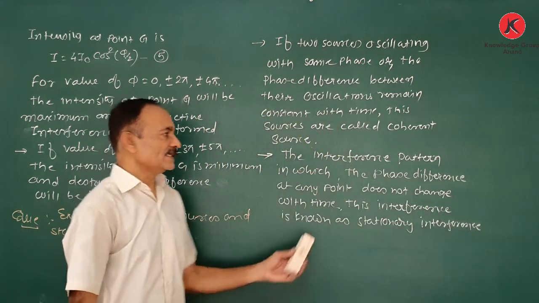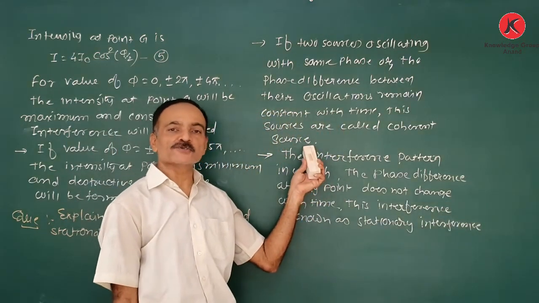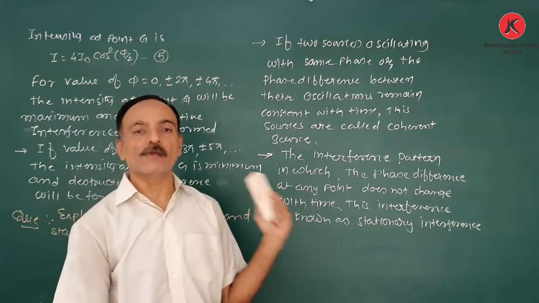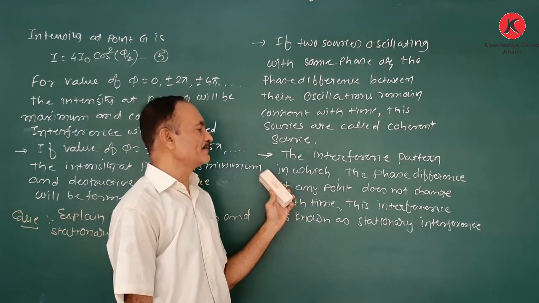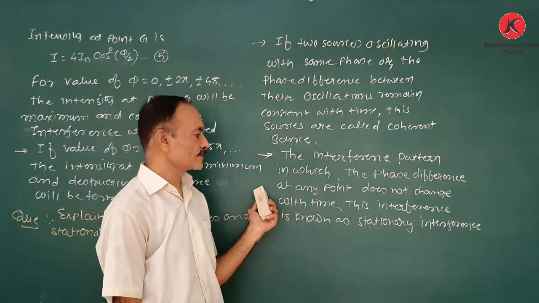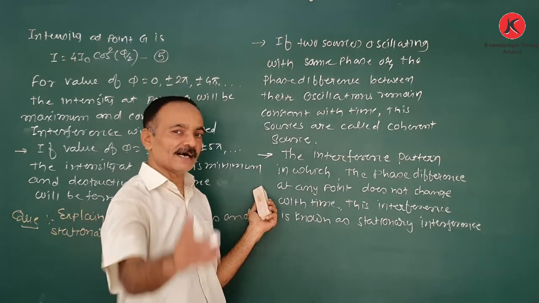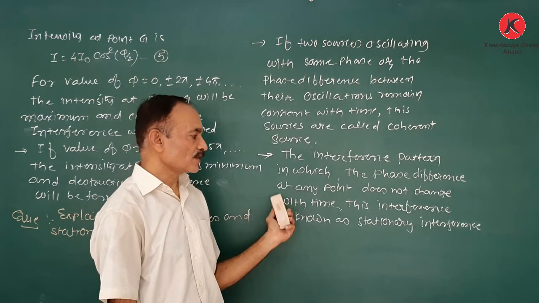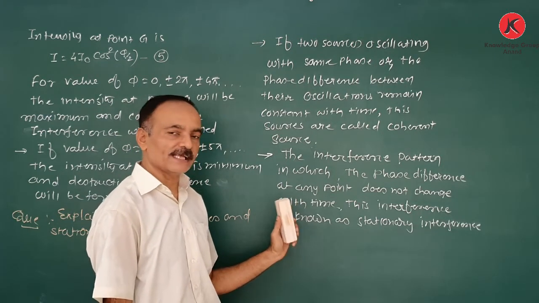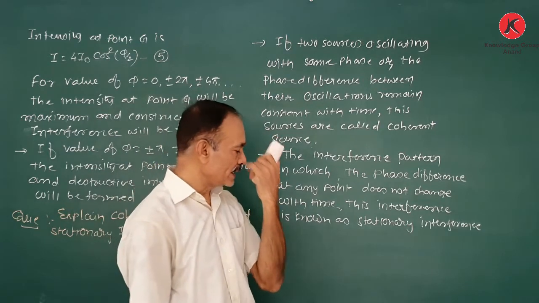Keep in mind that the interference pattern is produced due to the superposition of two waves. So at any point, if the phase difference between the two superposed waves does not change with time, whatever interference pattern is obtained is known as stationary interference.